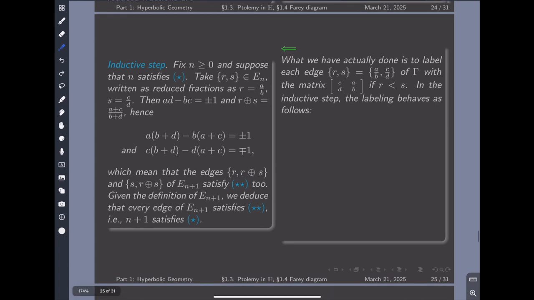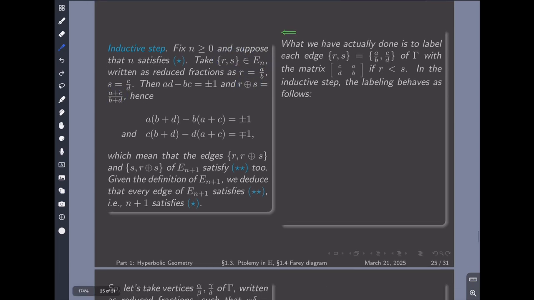So one of the numbers has to be the naive addition of two things that were already there. Then I just take the determinant of this against this one and of this against this one, and I check that it can be entirely written in terms of the previous determinants, and it's plus or minus 1.